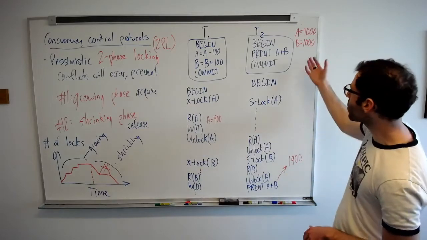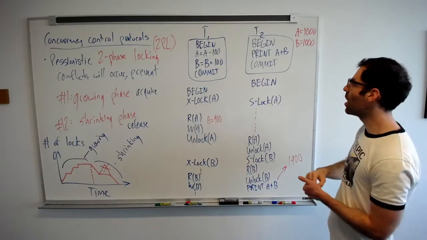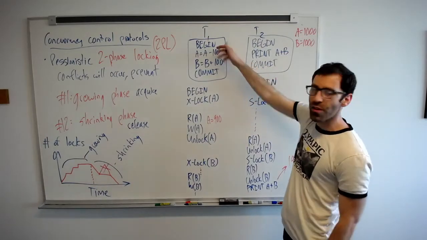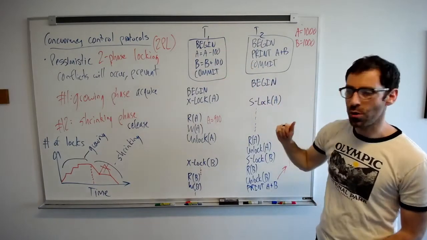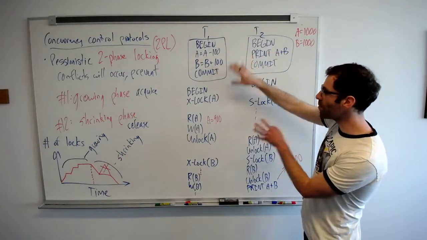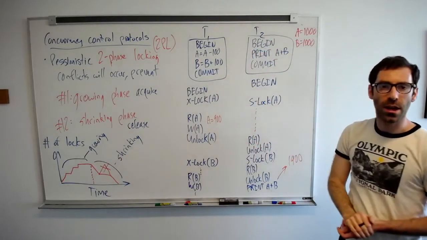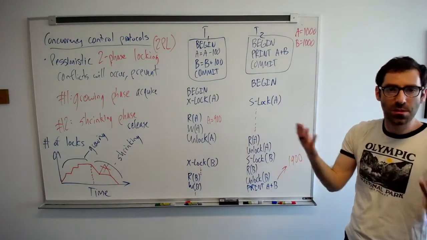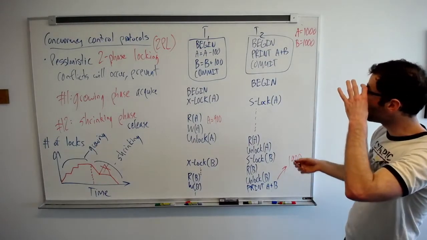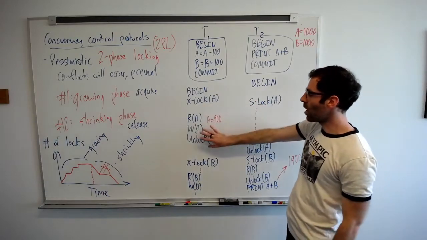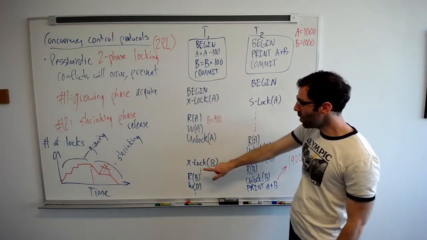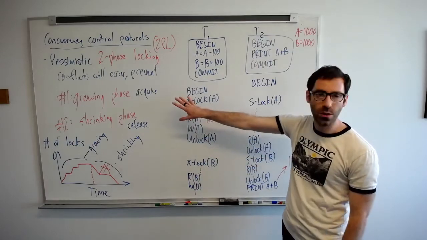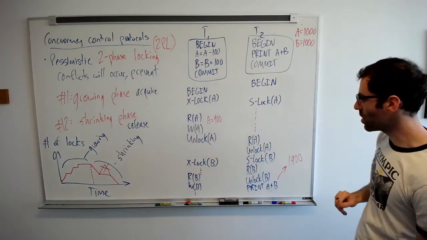It needs to be 2,000, because we're just transferring 100 from one to the other. So whether T1 happens before or after T2, the sum of the accounts stays the same, stays 2,000. So because we're allowing T1 to unlock before it then acquires another lock, so not following these two phases, we can get a schedule that's not serializable.